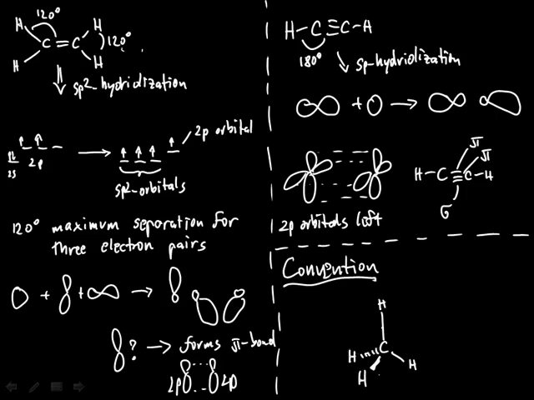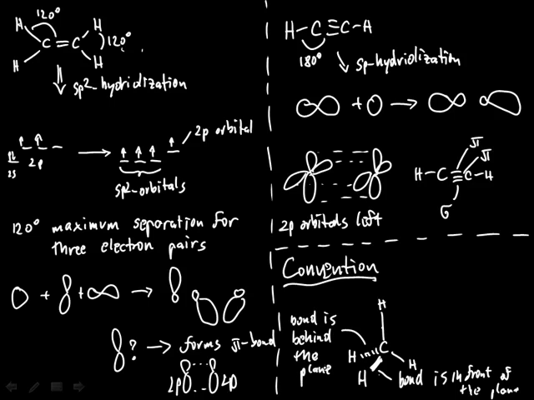One of them would be this thickened wedge, and this implies that bond is in front of the plane of paper or screen or whatever, whereas these little dashes imply that the bond is behind the plane. Now this convention, of course, is a bit obvious. These bonds are in the plane.